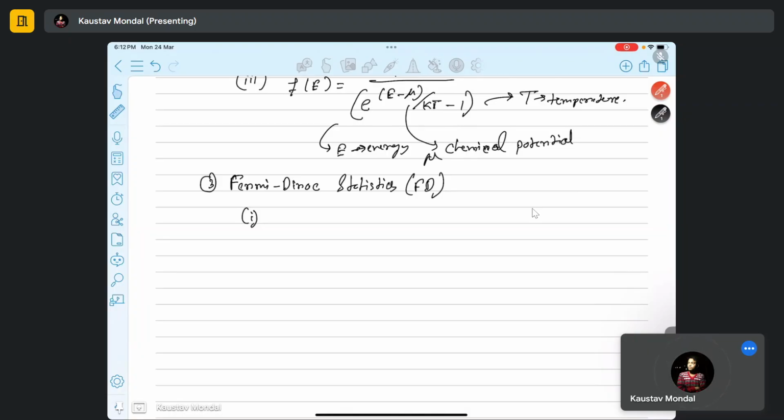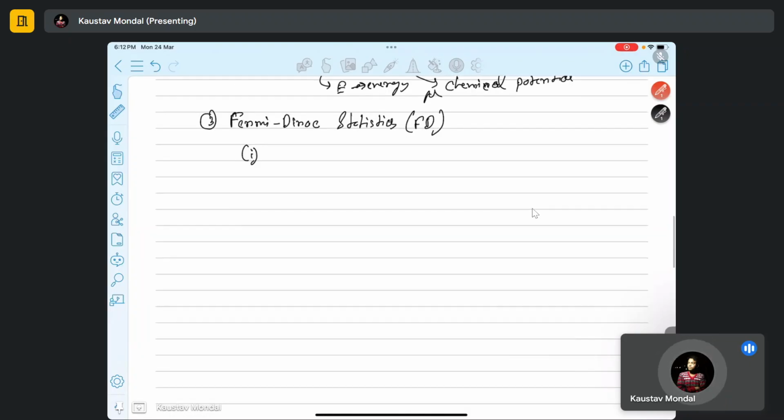So let me write it. Bosons are the particles that have integer value of spin, but fermions have half integer spin values, like 1/2, 3/2, 5/2, this kind of values.